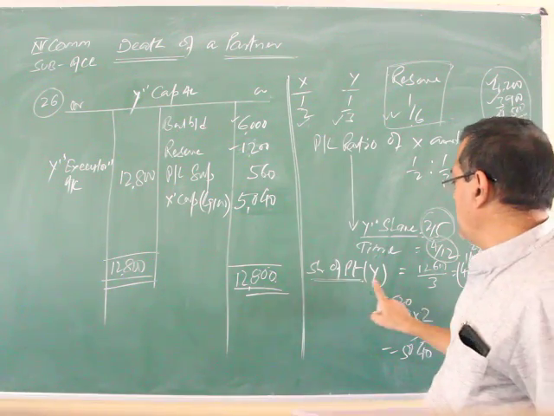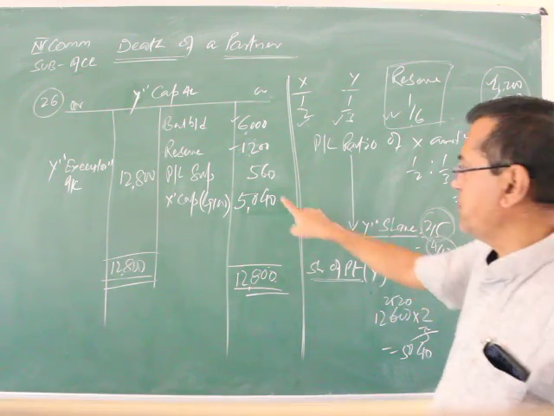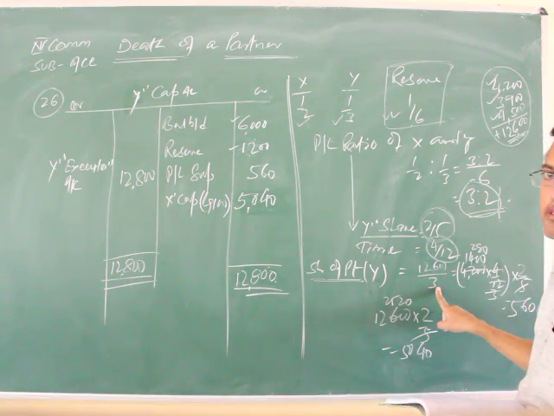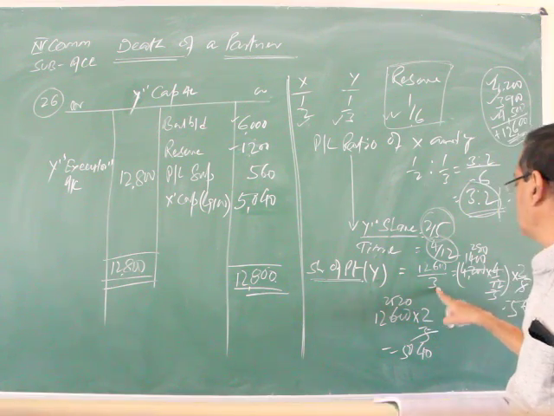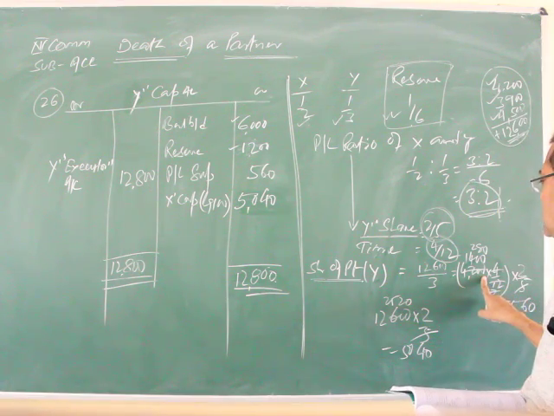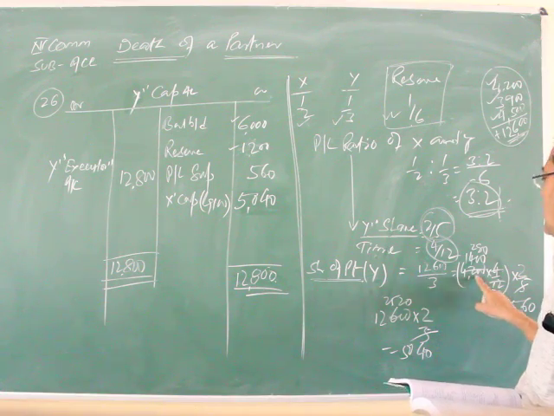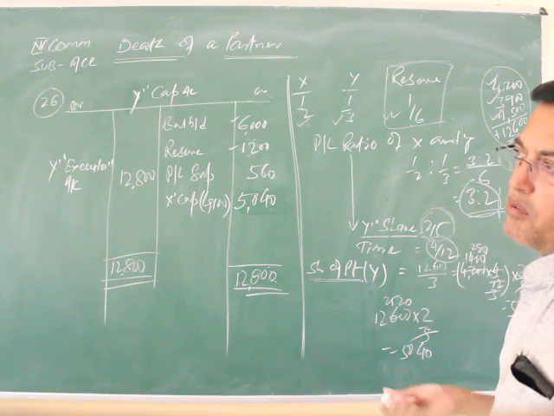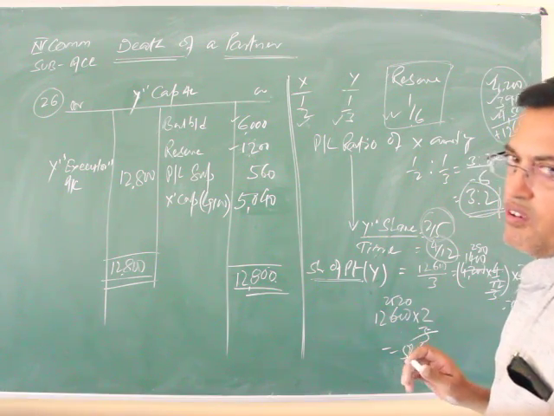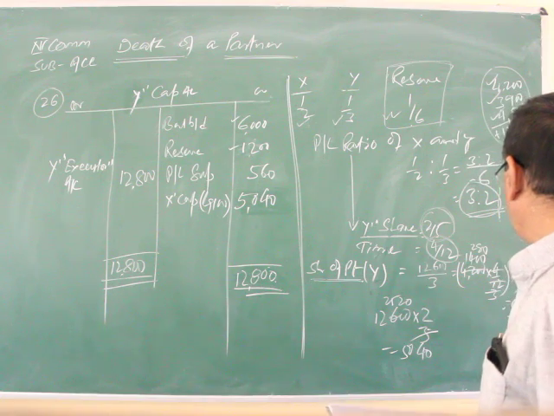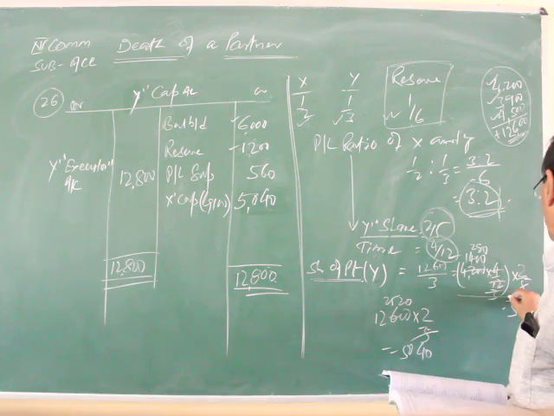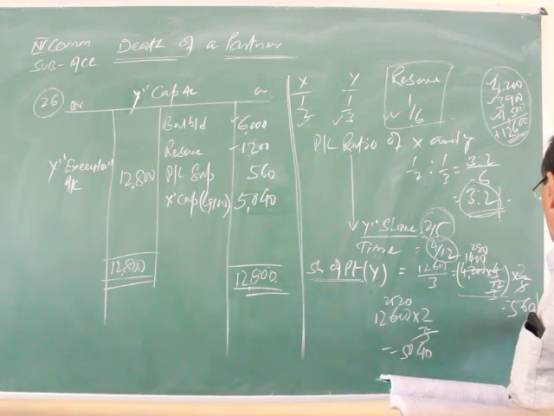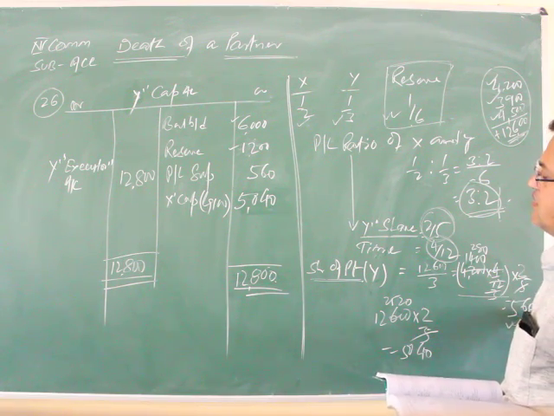Now the share of profit of Y, that is the P&L suspense. 12,600 divided by 3, we have to find the average at first. Average 4,200 is the whole year profit, and he has died on 1st August, so he is entitled to the profit only for the 4 months of the intervening period. That is 4/12, understood, and his share is 2/5, so multiply by 2/5, it will come 560.